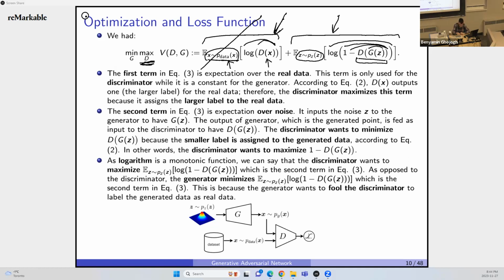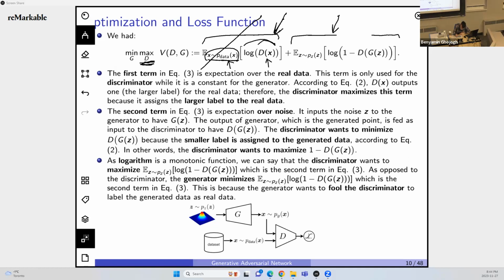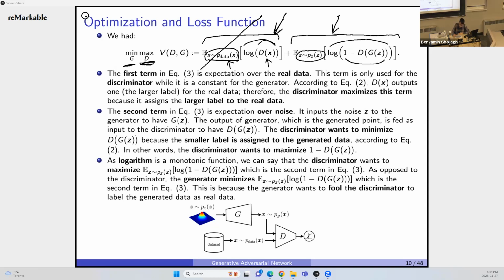Minimize that second term. Minimize for G, right? It roughly means minimize inside the expectation. Logarithm is a monotonic function, so it means minimize inside the logarithm. Minimize 1 minus D(G(z)). 1 is constant.